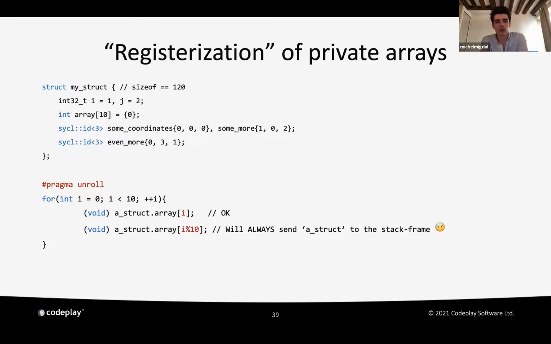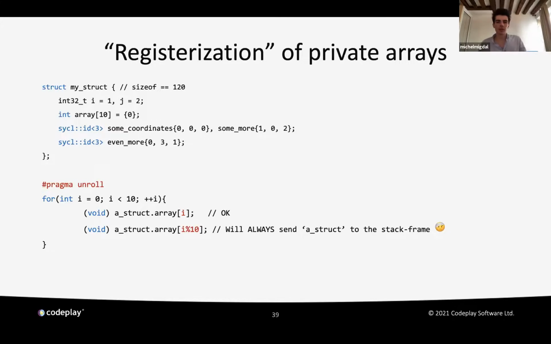So you can't access local arrays with dynamic indexes, because the compiler doesn't know how to map, say, index i to a register. You can't address a register with a number. In hardware, it makes no sense.